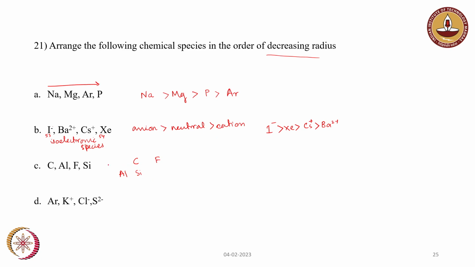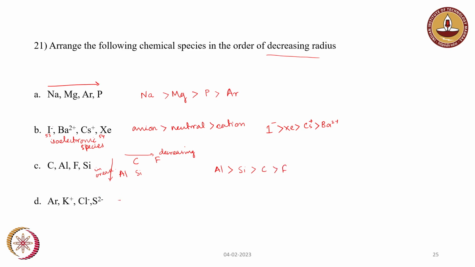So if we move from left to right, size will be decreasing, and when we move down, size will be increasing. So from this, aluminum will be having higher radius than silicon, since they are in the third period, and aluminum comes before silicon. So aluminum has larger radius compared to silicon, then carbon, then fluorine.